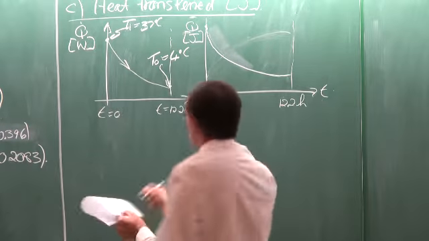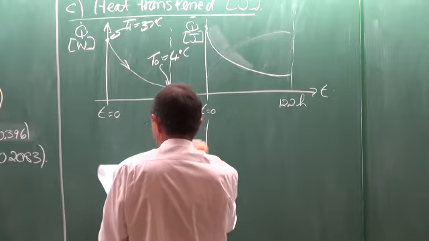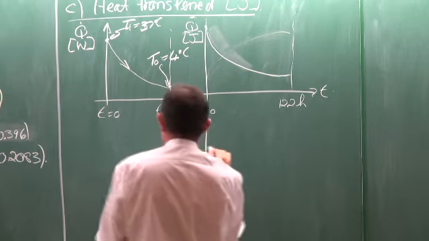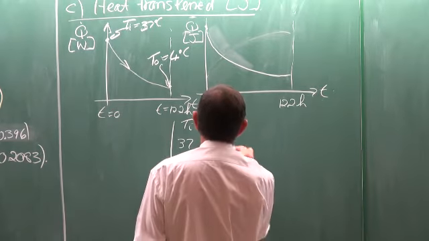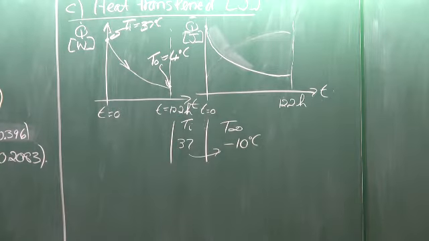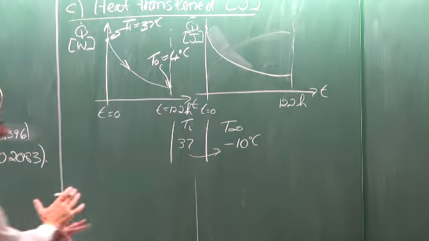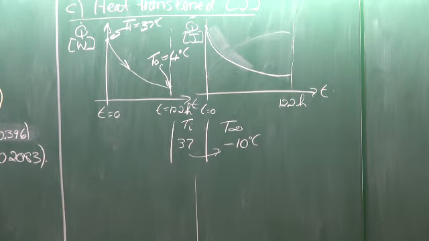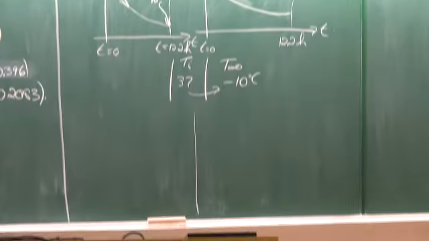So what we have is obviously the body at Ti, which was 37, and that is at infinite, which is at minus 10. That was at the beginning what happens. So on the left-hand side let's write down the equations for the heat transfer rate, and on the right-hand side the equations for the amount.